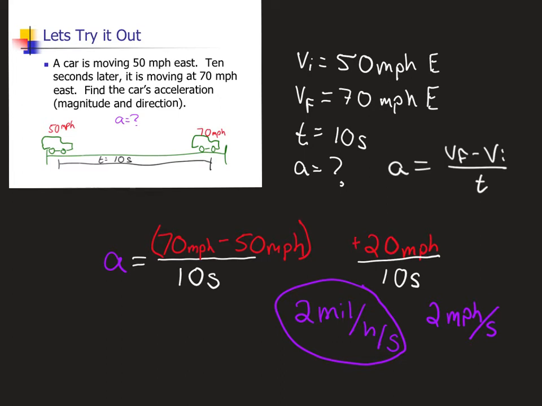Because for acceleration, what you're looking at is the rate at which velocity changes. How fast is the velocity changing? Now, when I say fast, a lot of times people think speeding up, but it can also be how fast is it slowing down. Okay, so how fast velocity changes.